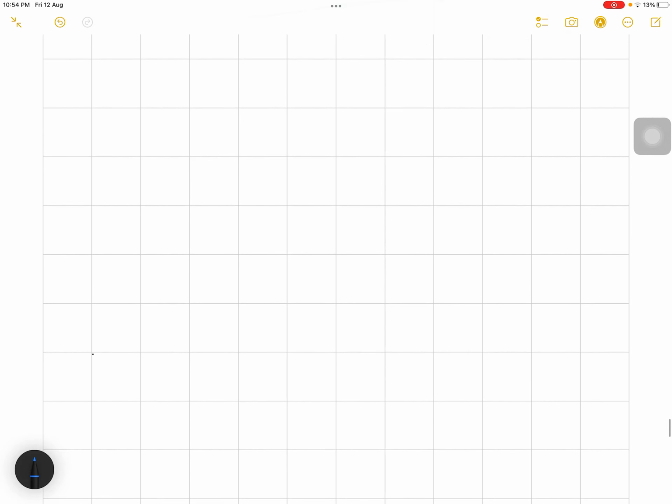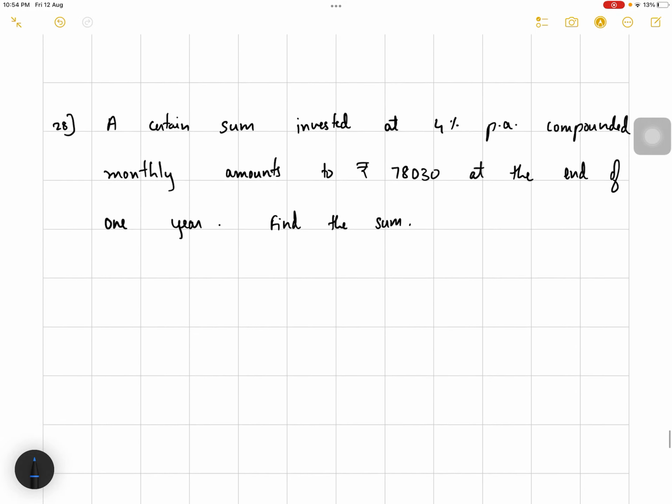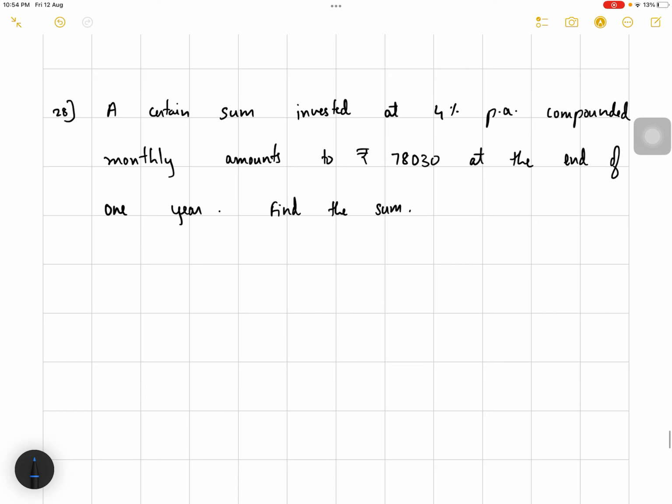Anyway, let's see the next problem. A certain sum invested at 4% per annum compounded monthly, so that means 12 times in a year, amounts to 78,030 at the end of 1 year. Find the sum. Here amount is given, 78,030. P you don't know. R is 4%, so 0.04. N is equal to 1.